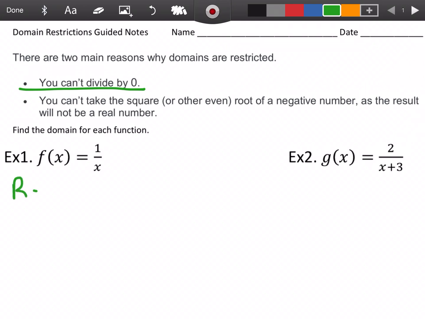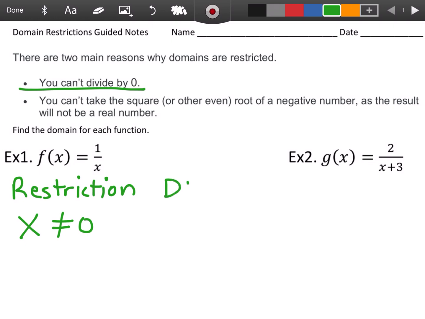On number 1 we have f of x equal to 1 over x. We can't divide by 0, so our restriction is that the denominator cannot equal 0. x cannot equal 0. That's our restriction.